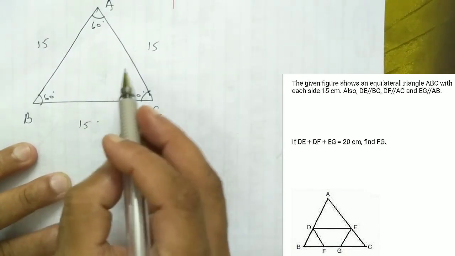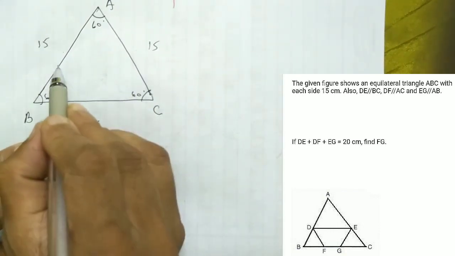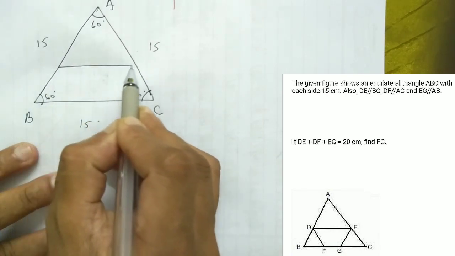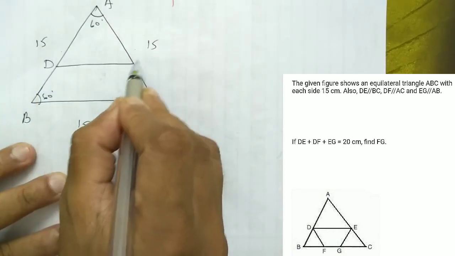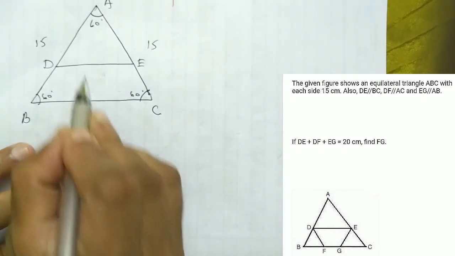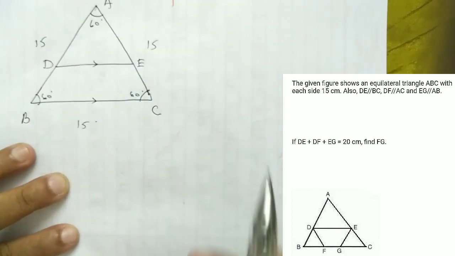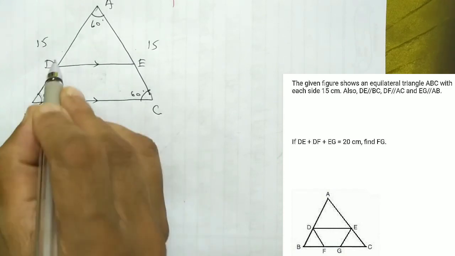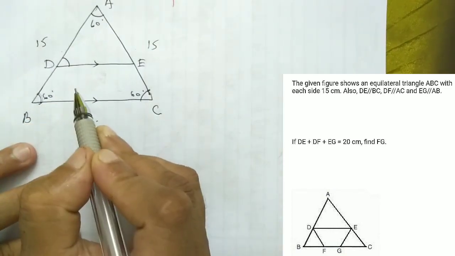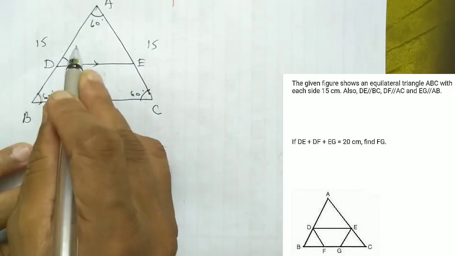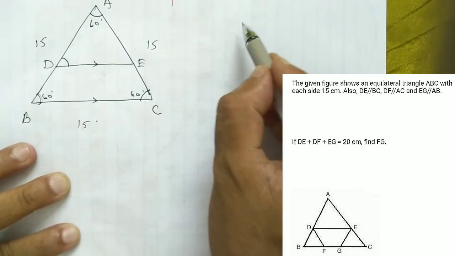Fine. Now it's given that DE is parallel to this, and this and this are parallel. That means this is 60 degrees, so this is also 60 degrees. Why? Corresponding angle. Correct? So what property did I use here?